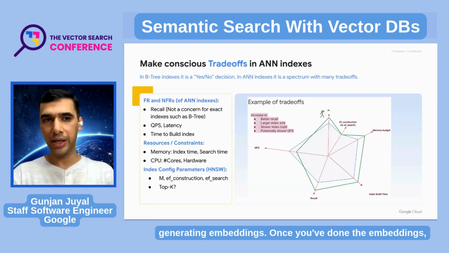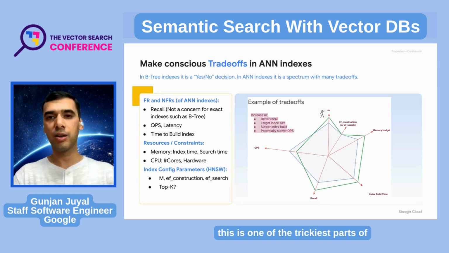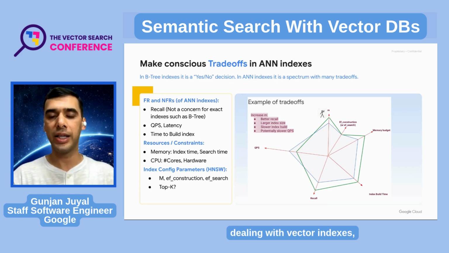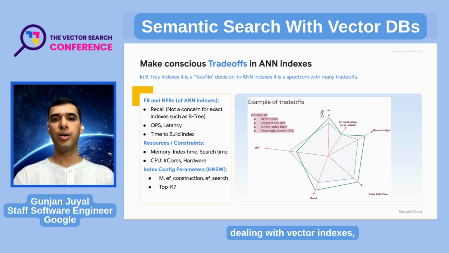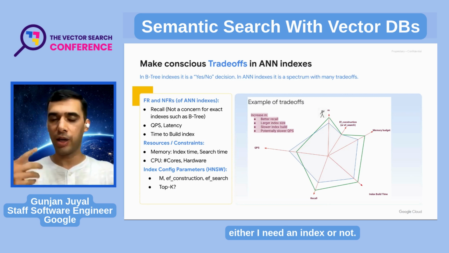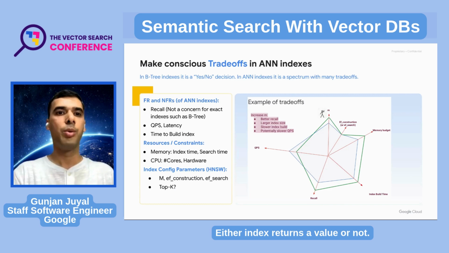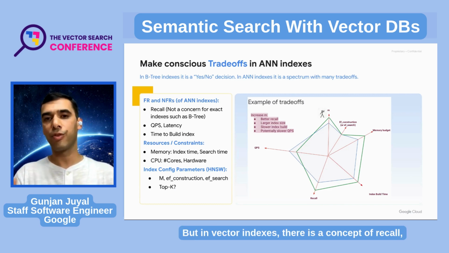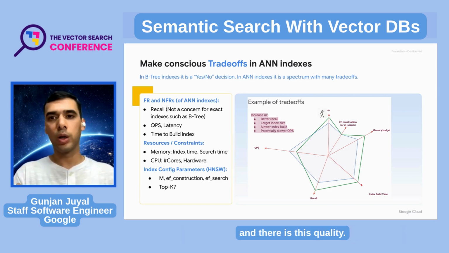Once you've done the embeddings, this is one of the trickiest parts of dealing with vector indexes, which I mentioned, because in B-tree indexes, either I need an index or not. Either the index returns a value or not. But in vector indexes, there is a concept of recall, and there is this quality.